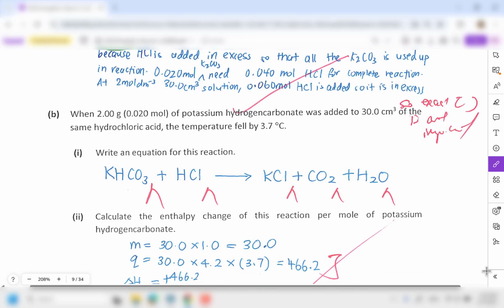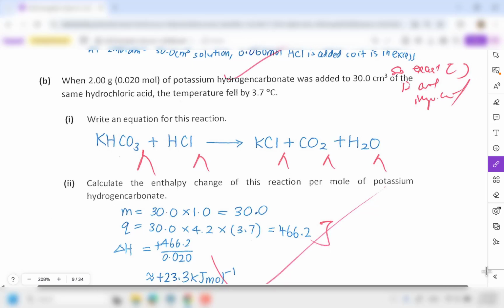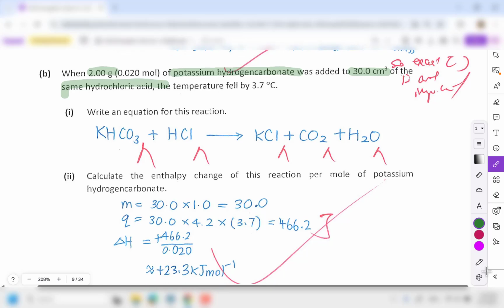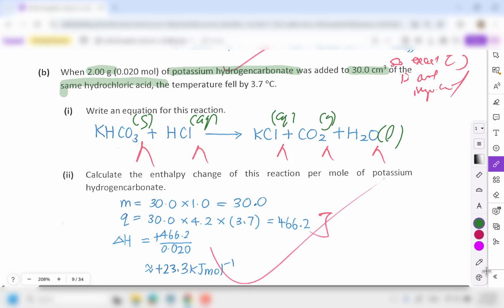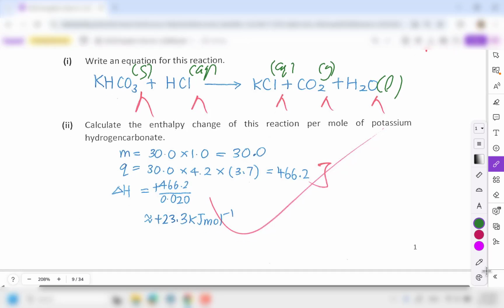Then again for part B, you are given 2 grams of potassium hydrogen carbonate, added to 30 cubic centimeters of the same acid, again at approximate concentration. Same thing: state symbols are very important for the balanced equation, so make sure that you include them in your answer. Then the same calculations.